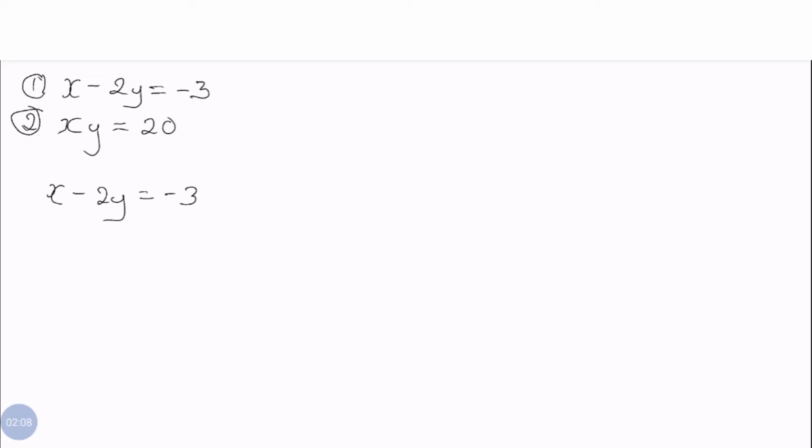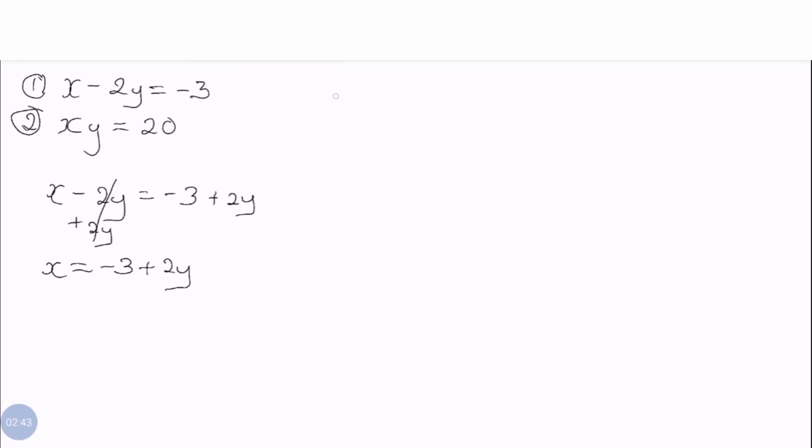To make x the subject, we take the 2y to the right hand side by adding 2y on both sides, so that it cancels on this side, and we have x equal to -3 plus 2y. So now x is the subject of the formula.